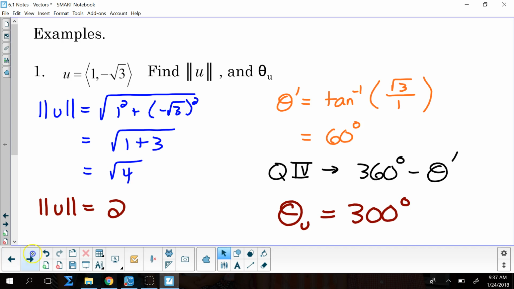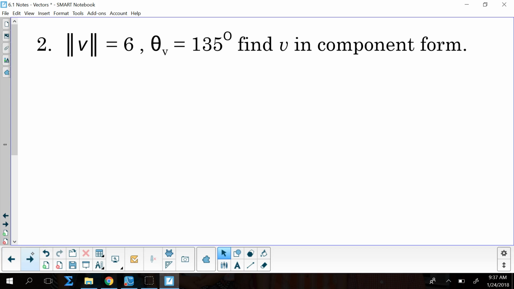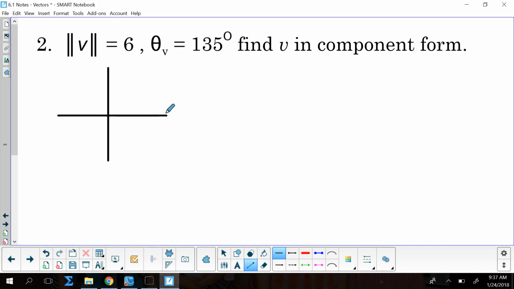Okay. Let's go the other way. Let's find the component form of v, given the fact that we have the direction and we have the magnitude. Well, we'll probably start with the direction. So, which quadrant would a direction of 135 degrees be in?